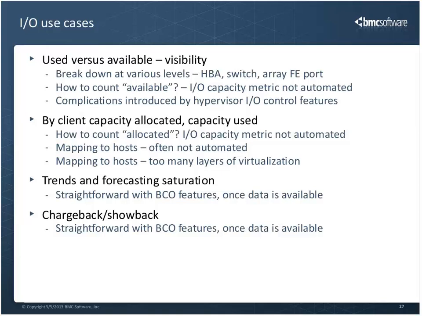But you want to see breakdown at various levels: at the HBA level, the host bus adapter level, the switch level, and the array front-end port level. How to count how much available capacity is there? That's very similar to how you count how much network capacity is available. It's not automated at all. And you need to know a little more in order to decide how much I/O capacity you want to allow. There are also complications introduced by the hypervisor I/O control features.